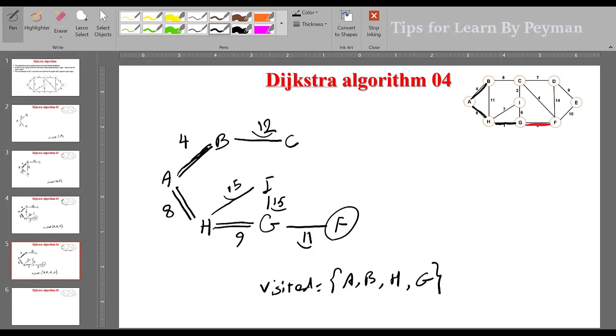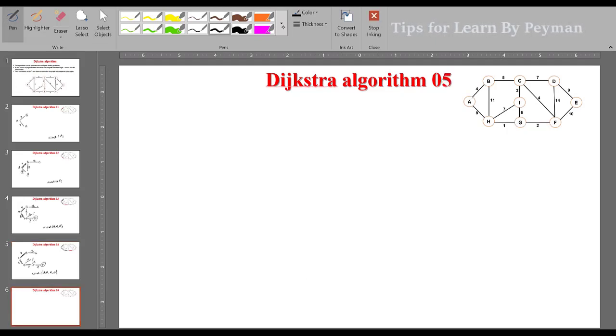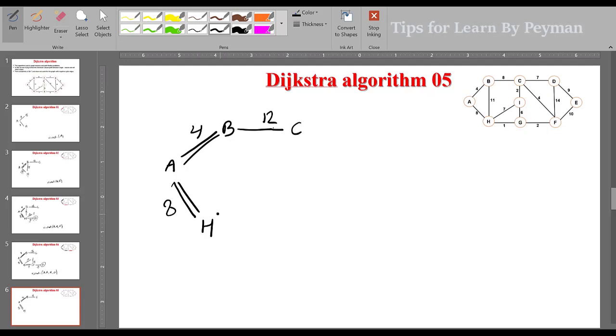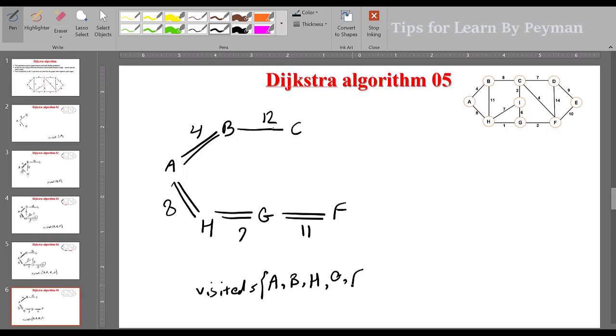Okay, so in the fifth level we have opened A, then we open B with value 4, we have C with value 12, we have here H with value of 8, we have G with value of 9, we have opened the F with value of 11. So I visited, let me revisit it. Nodes we have A, B, H, G, and F.